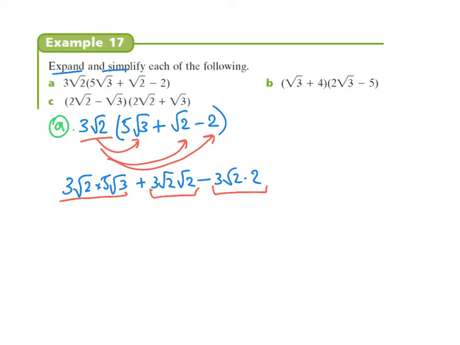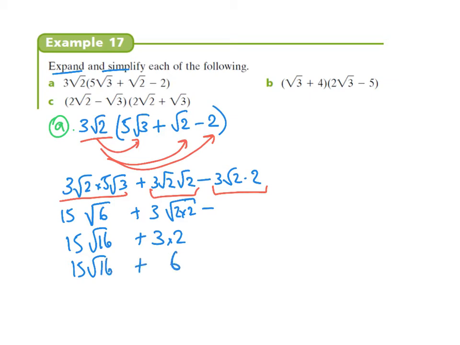This one here, 15 square root 6 plus, now square root 2 times square root 2 is just 2. So let's put that on the third line of working. 3 times 2, so that second term reduces down to become plus 6. Okay, and now let's work this third term down the rows too. 3 2s is 6 times square root 2. I'm just going to bring that down.